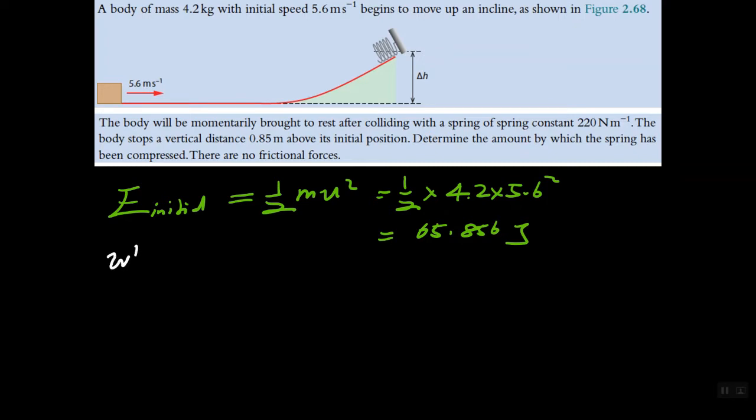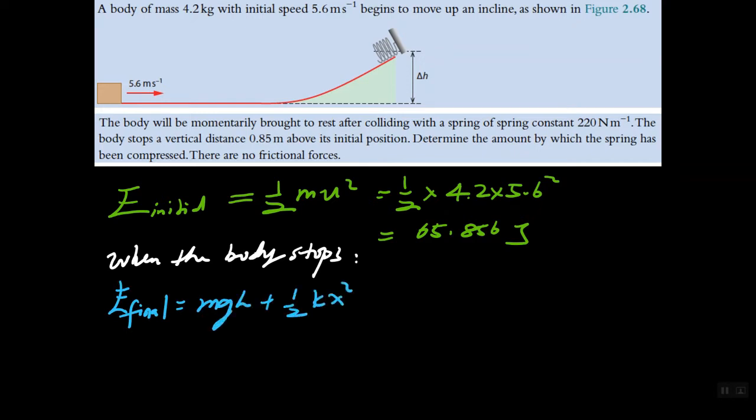Final energy when the body completely stops, we have gravitational potential energy and elastic potential energy as the spring will be compressed. Mass is 4.2, gravitational field strength is 9.81, height is 0.85 plus spring constant is 220 times x squared.